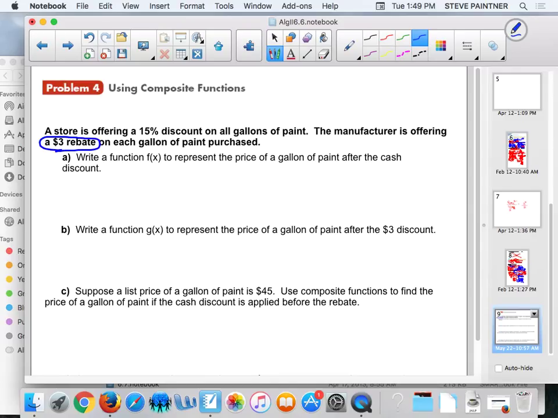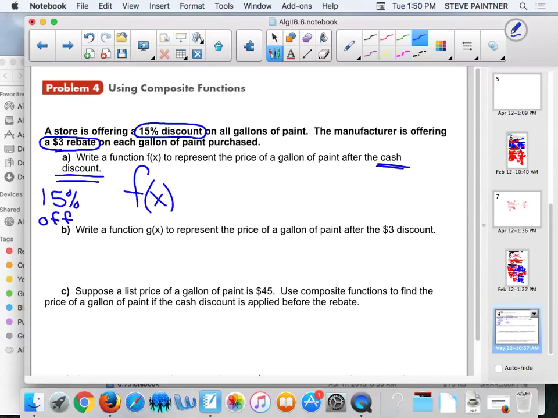So now they say this: write a function f of x to represent the price of a gallon of paint after the cash discount. And by the way, what's the cash discount? $3. No. 15%. The discount was 15%. You're going to get 15% off the paint.